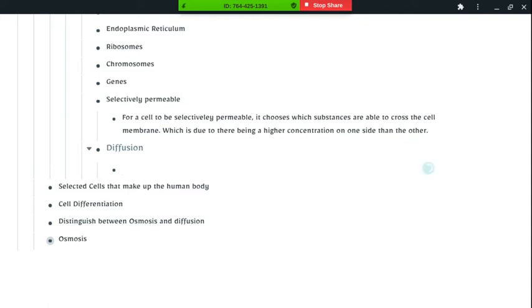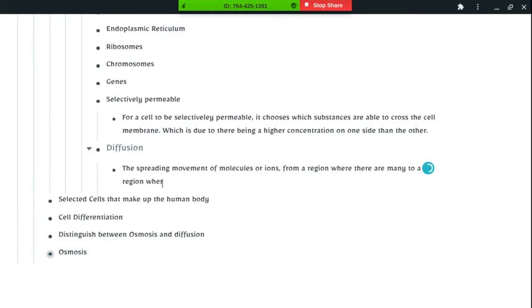So just simply the spreading movement of molecules, and that's just small particles or substances or ions from a region where there are many to a region where there are few.